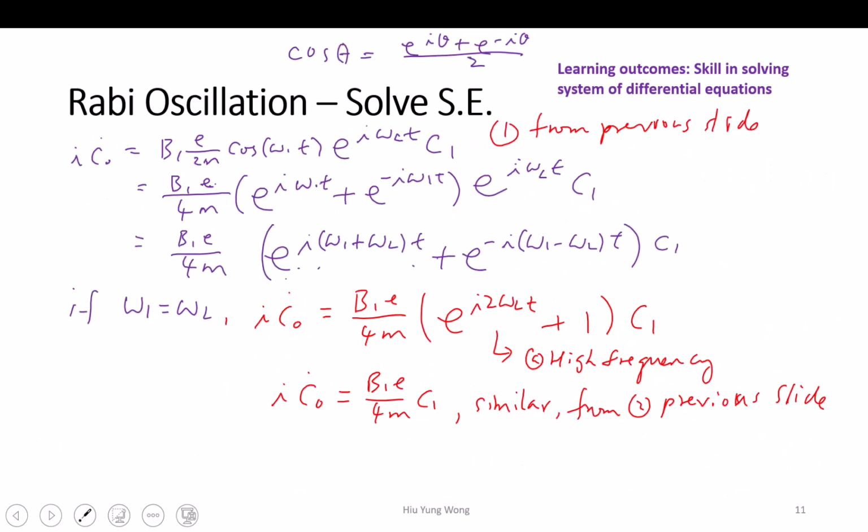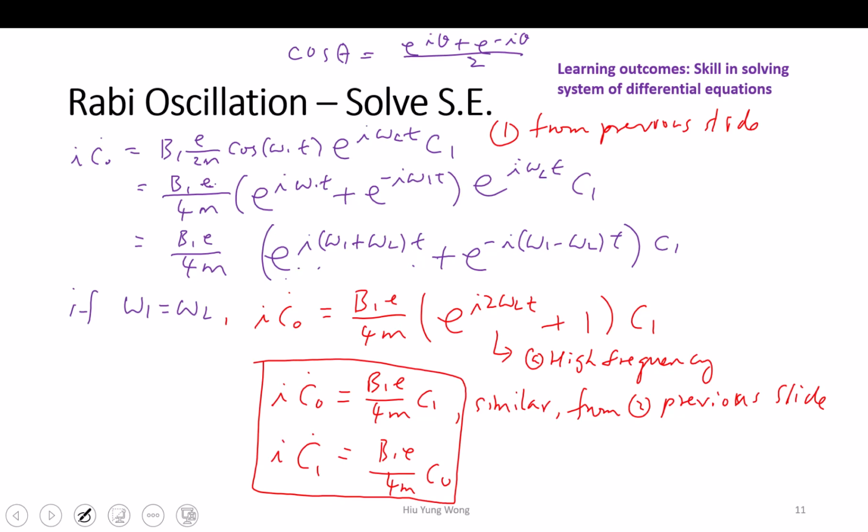Now working on this equation, you will get iC1 dot equals B1E over 4m, C0. So basically we further simplify these two equations to something easier.